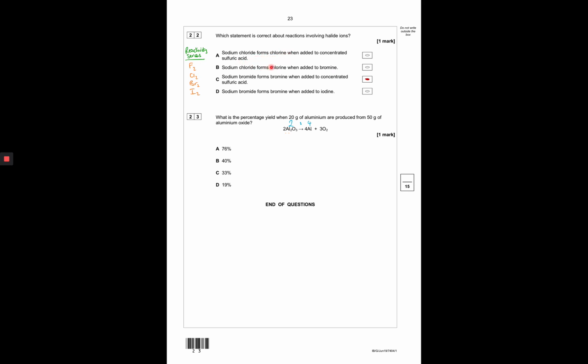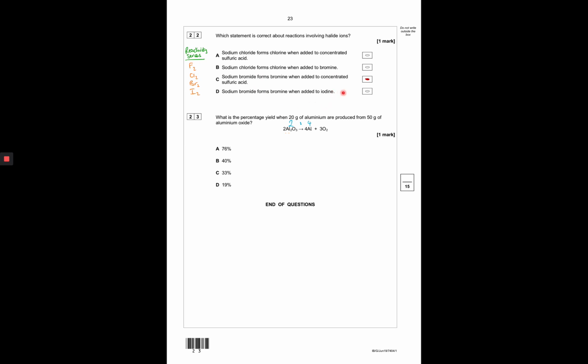Sodium chloride forms chlorine when added to bromine. No, because chlorine is more reactive than bromine. A way to think about it is it more readily becomes an ion or remains an ion. But bromide would form bromine when it does have a reducing power. It would form that anyway.